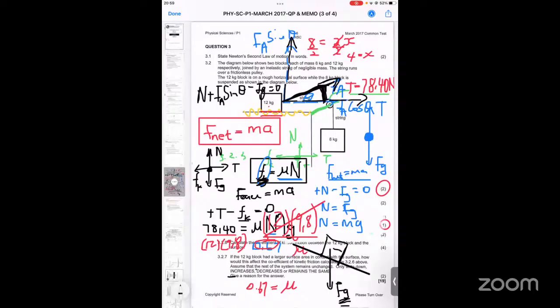That is why we use components: Fg parallel, which is for the sine of that angle, and Fg perpendicular, which is for the cos of the angle, which balances with the normal force.